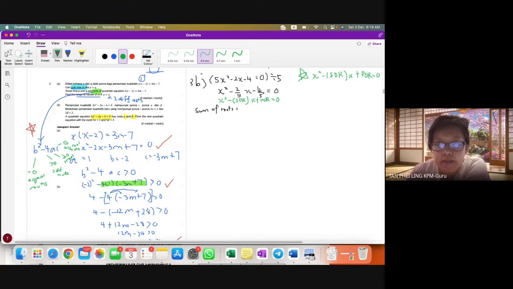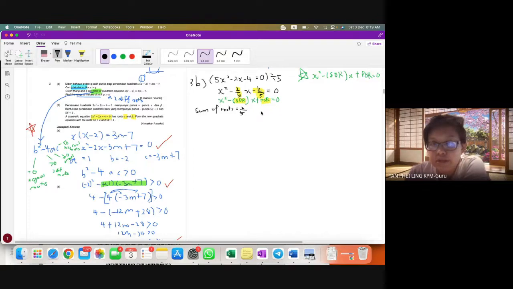So you can see very clearly that your SOR is 2 over 5. Your POR is negative 4 over 5. So it's very important for you to put one top and one down so that you can see your sum of roots is 2 over 5. And then your product, POR is, okay, wait, I don't want to do it like that because I want to later substitute in the alpha and the beta.